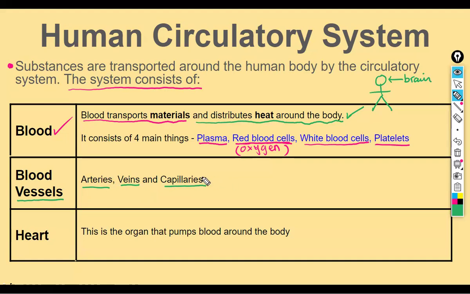Remember, they are vessels that carry the blood around the body, just like how a garden hose carries water from one place to the next. Out of those three, which one is the strongest? Which one is the thickest? Which one can withstand the most pressure? Is it arteries, veins, or capillaries?